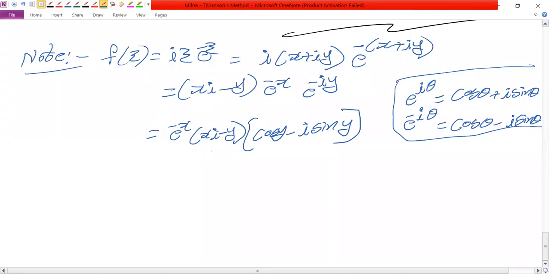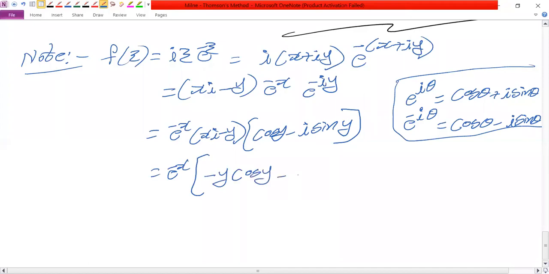The product of two complex numbers is again a complex number. So I'm going to get that complex number like this: e power minus x into... how to multiply two complex numbers? Product of the real parts. What are the real parts of x minus iy? Minus y, multiplying with cos y.